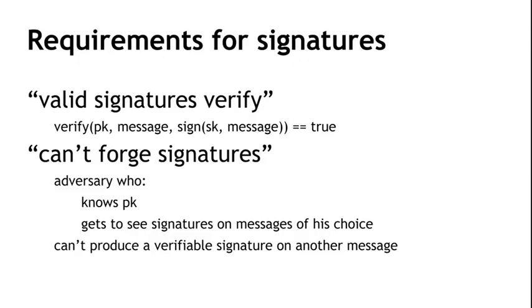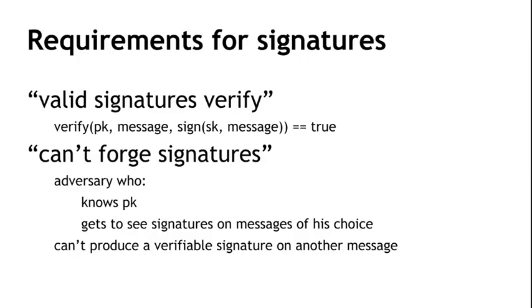So this says that signatures are useful at all. But then the second thing you want is that it's impossible to forge signatures. That is, an adversary who knows your public key, your verification key, and gets to see signatures on some other messages, can't forge your signature on some message that he wants to forge it on.